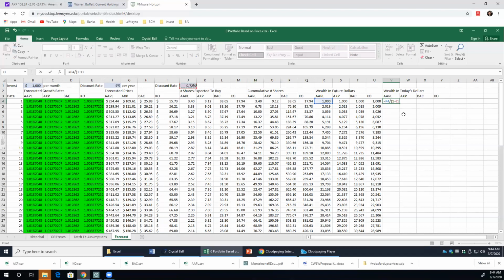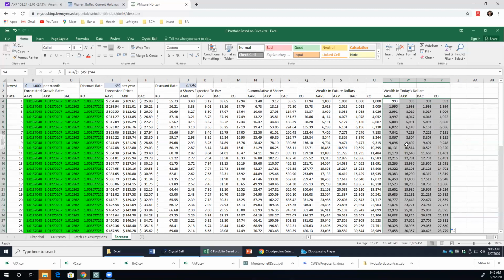I will use the same number over and over again, so I press F4 on the rate. And I discount this by one month. So that's why the power is 1. I choose here. Now I can just drag this one to the right, and then I can drag it, double click bottom right corner.